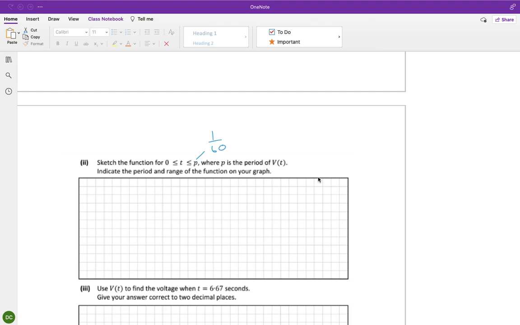Okay, so if I do 1 over 60 minus 0 and divide it by like 10, so I get 10 intervals.